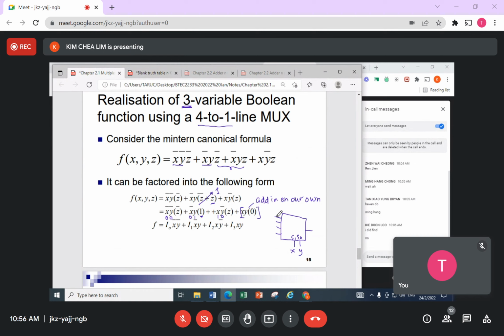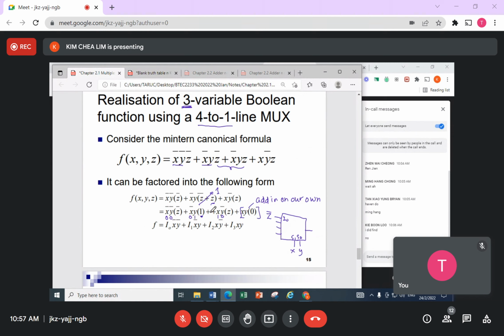What to choose for this one depends on the value of the Z. Where Z is a bar, first one, because this is 0, 0. So this one here forms my I0. My I0, I make it connect to my Z bar.